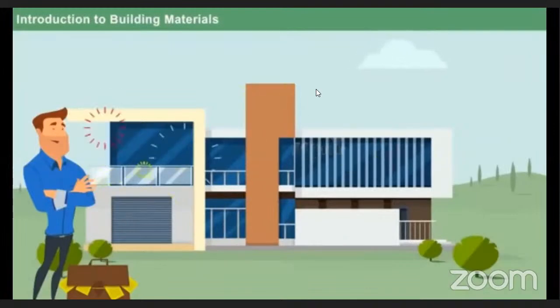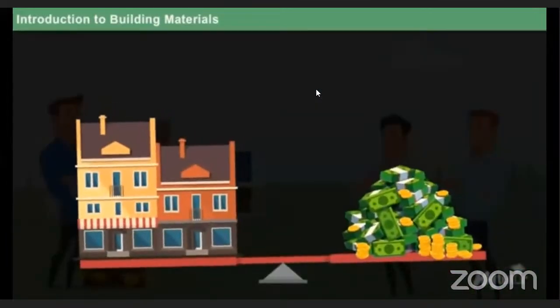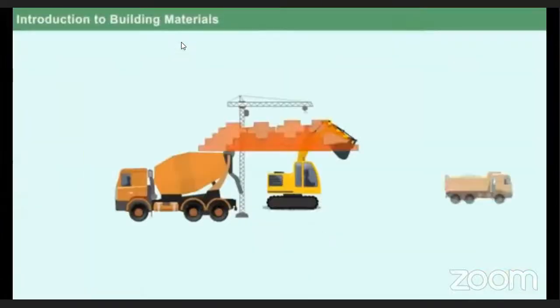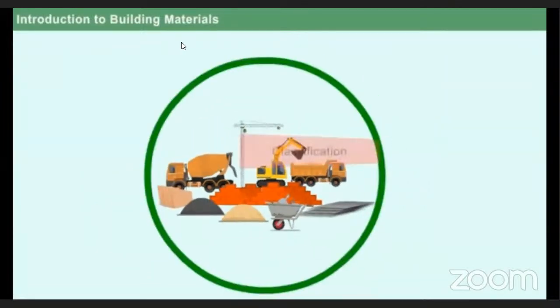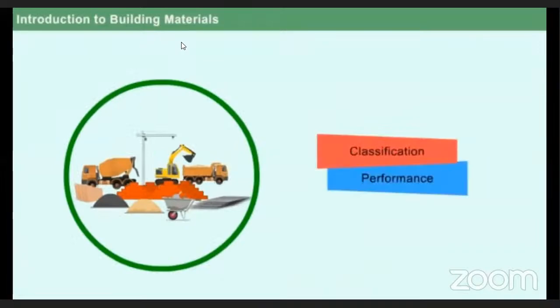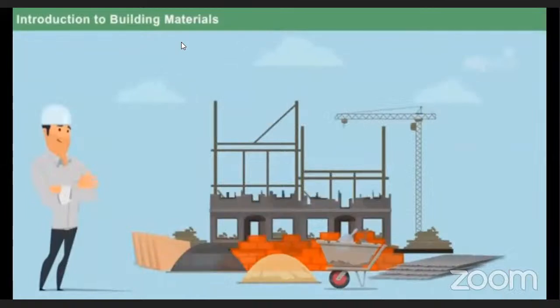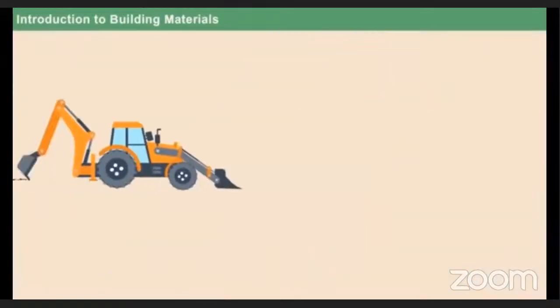In this process, some succeed while others do not. This is due to the cost of construction, especially in buying construction materials. Selecting the right construction materials is one of the toughest tasks of a construction engineer. Hence, he or she has to know the classification, performance and economics of the building materials. Only by being aware of this, an engineer can use the construction materials in a sustainable manner.